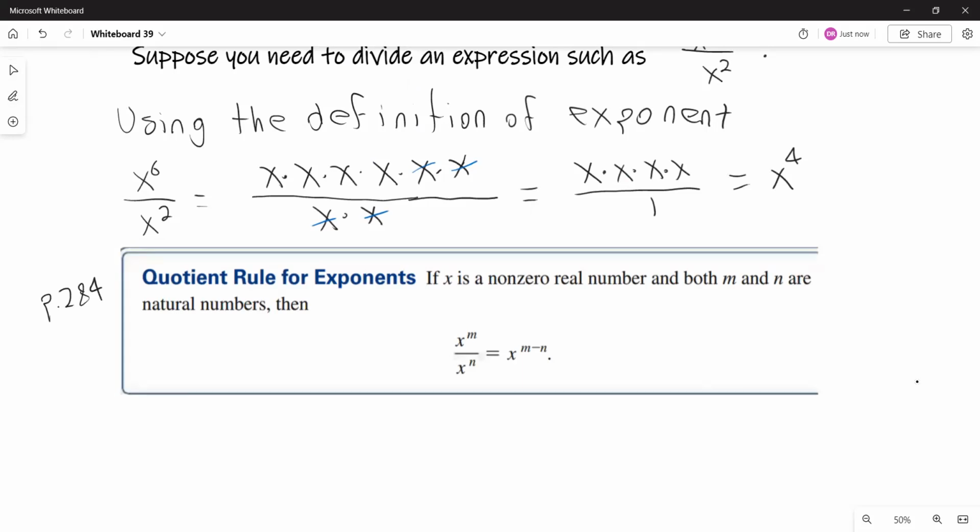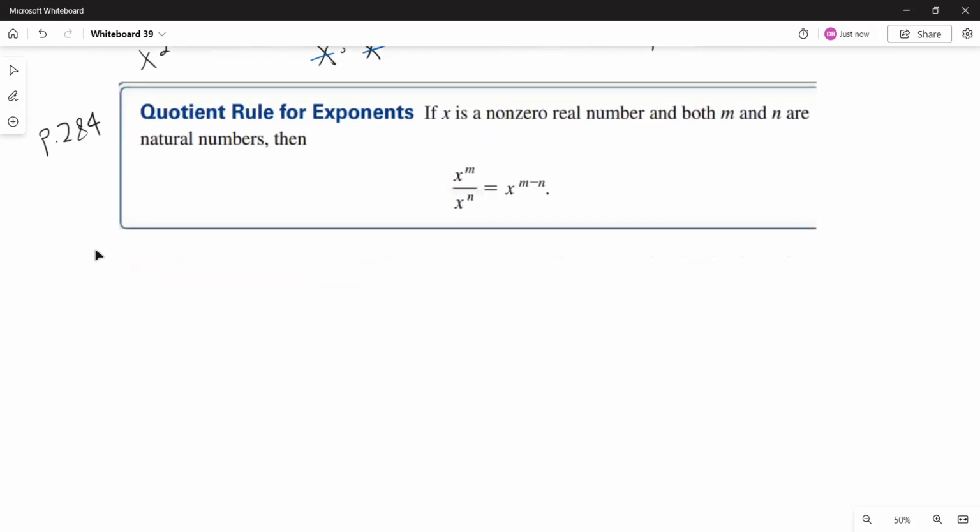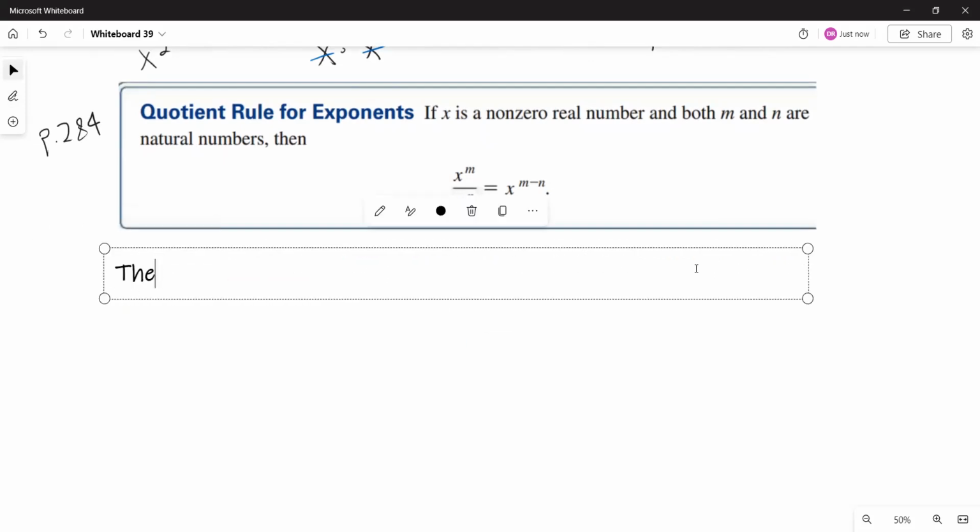If x is a non-zero real number and both m and n are natural numbers, then x to the m over x to the n is x to the m minus n. There's a couple of consequences. So the above has the following consequences.